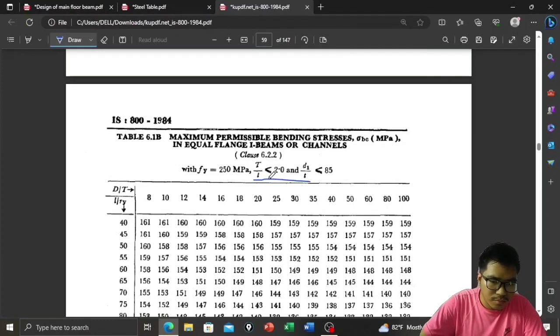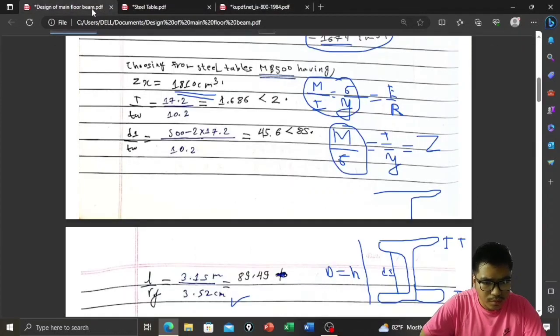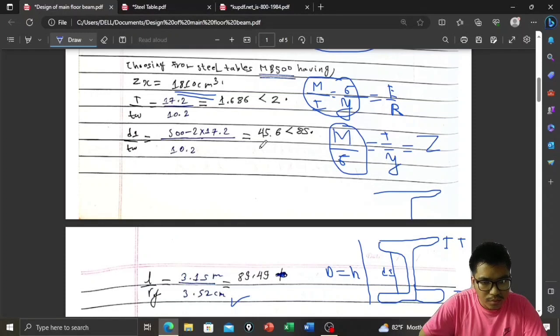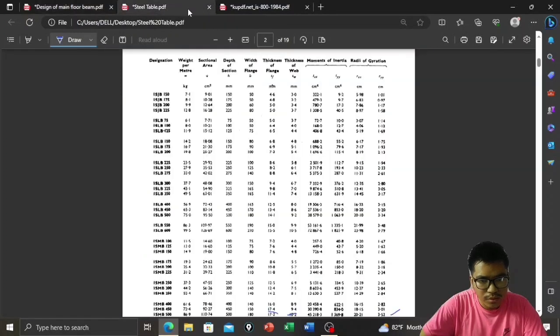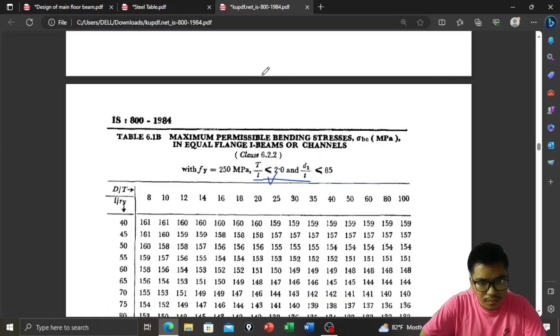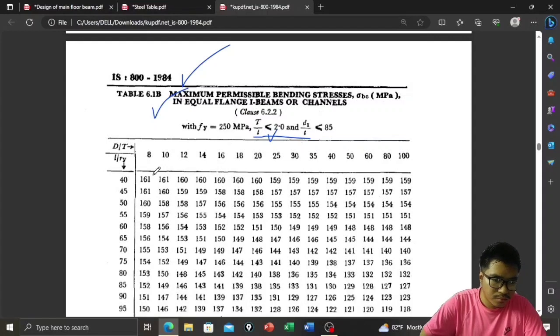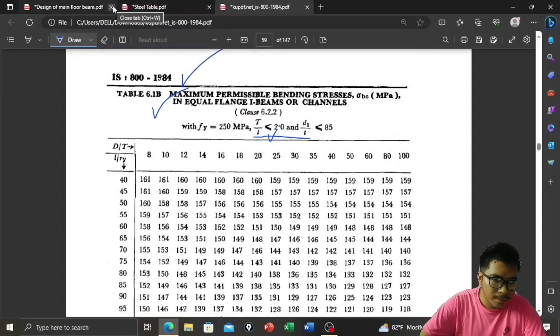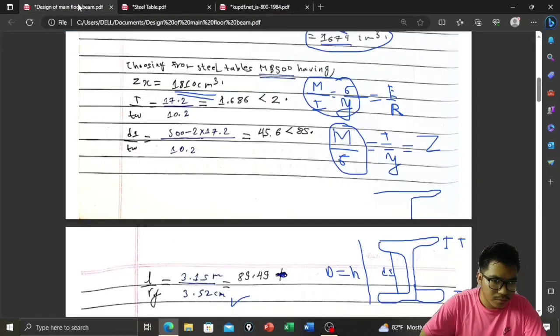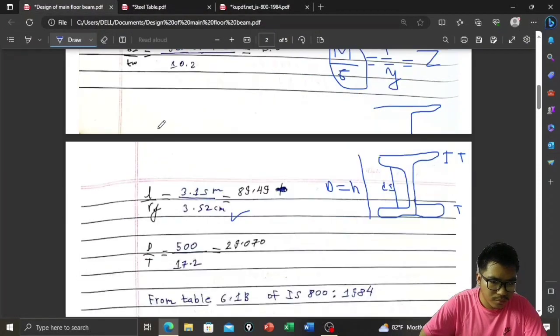So this condition is satisfied, and d1 by tw is less than 85. So we should see this table 6.1b of IS 800 1984. Our d by t value is 29.07.